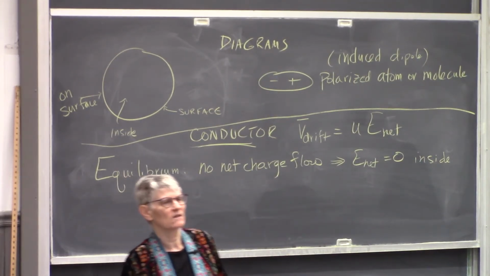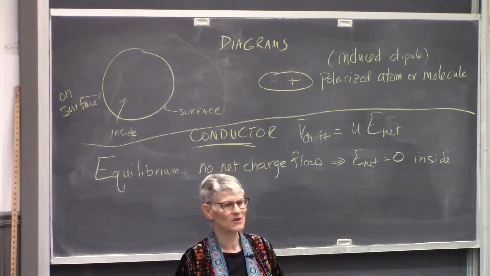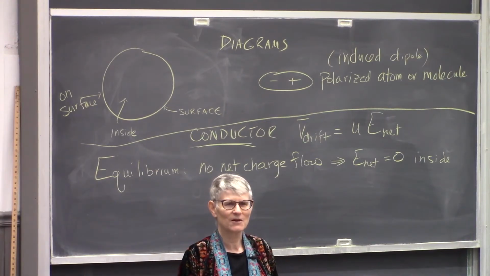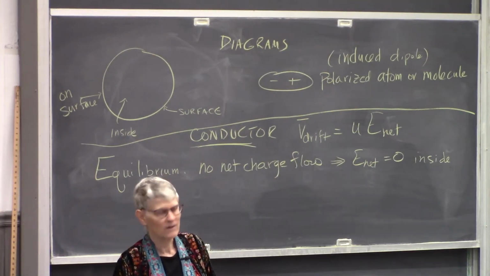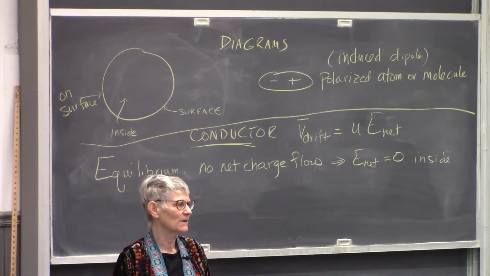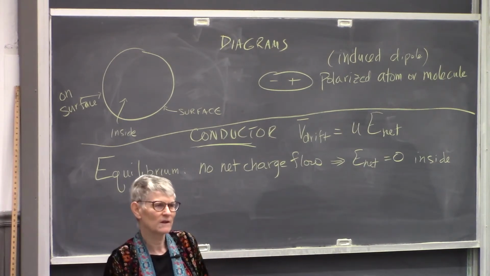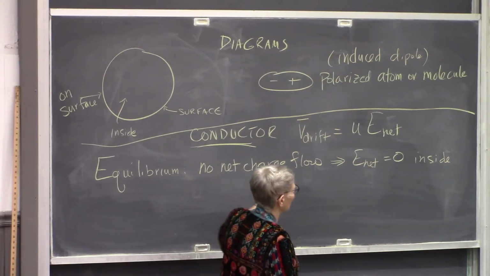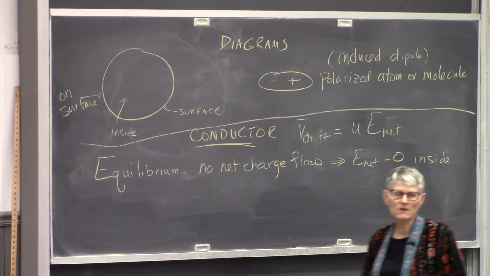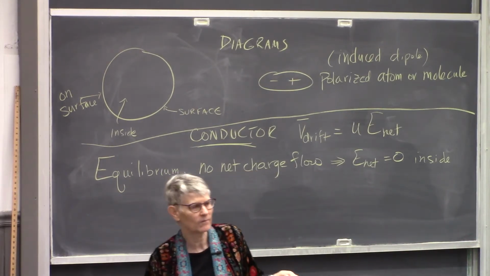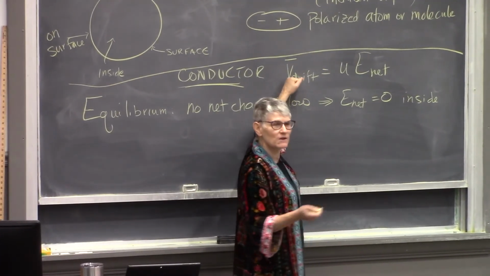Now this is actually almost a mathematical syllogism here. We can do what's called a proof by contradiction. Do you know what a proof by contradiction is? Yeah, so you assume the opposite of what you're trying to prove. You show that it leads to some contradiction, and then you conclude that your assumption was wrong. So if we assume that inside a conductor at equilibrium, E net is not zero, but if it's not zero, then the drift speed of the charges won't be zero.